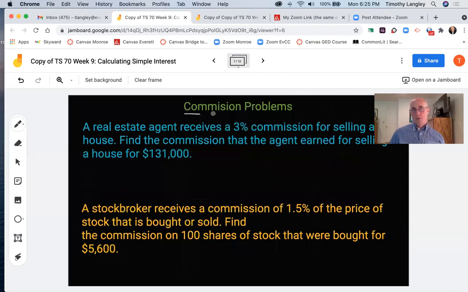Commission, in case that's a new word for you, in sales. Say a car salesperson, this is part of why they're so determined to sell you a car, because they often get paid on what's called commission. Let's say it's a $6,000 car, and they get 3% of that.